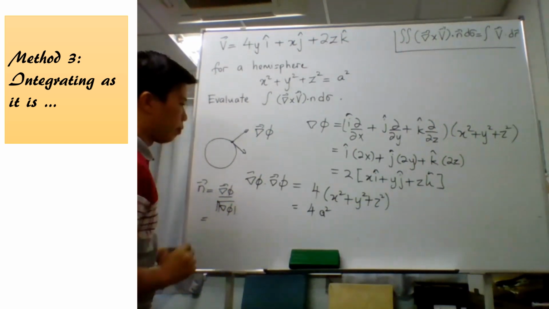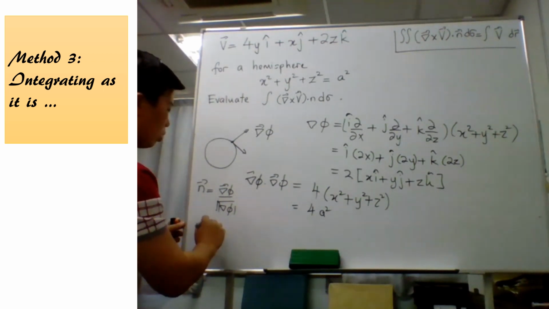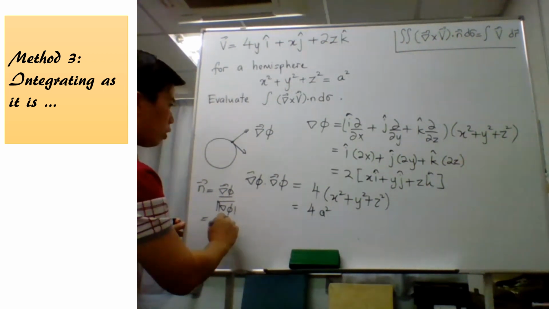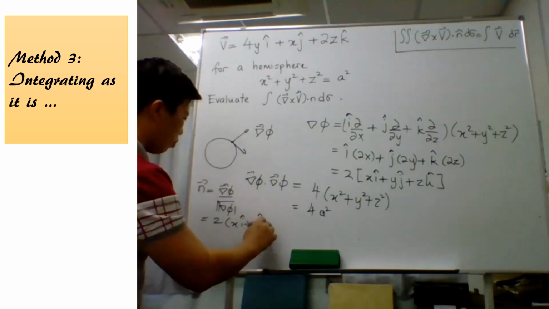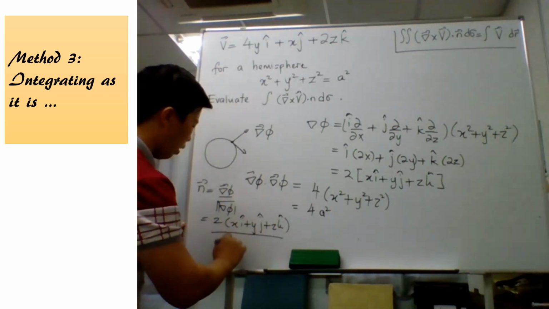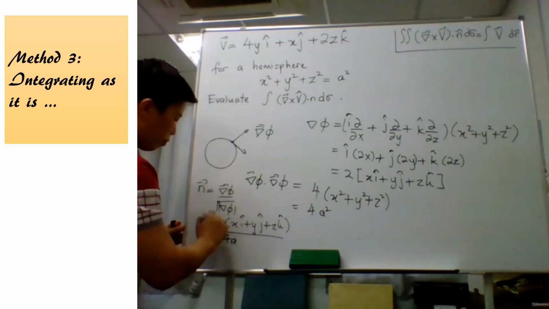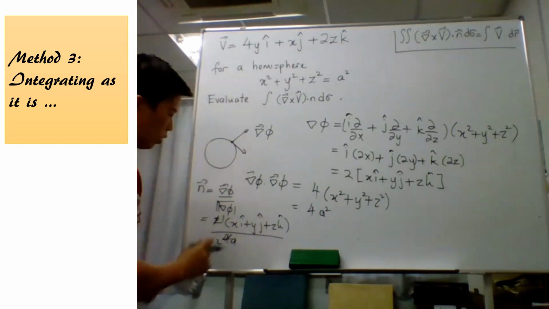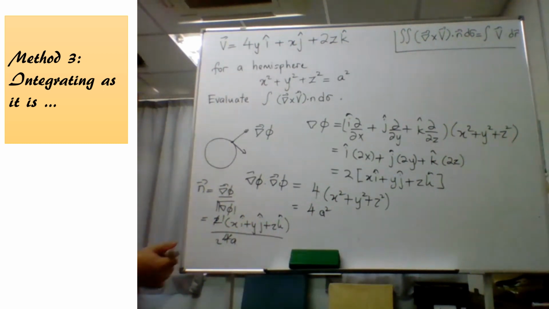This is 2 times xi plus yj plus zk divided by 4a, and then you can cancel, so this is 1 over 2, so this is half of xi plus yj plus zk divided by a. Okay, so now we have the n for this term.